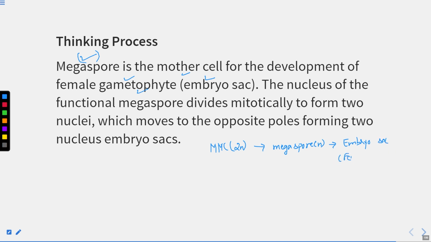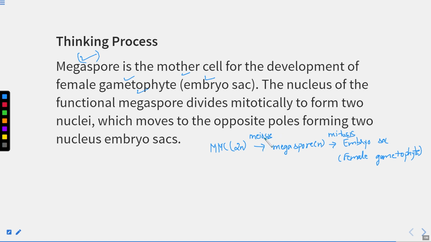which is known as the female gametophyte. So if someone asks you what is a female gametophyte, you can say embryo sac is the female gametophyte. And what is male gametophyte? Pollen grains. Here meiosis will occur. Here mitosis will occur.